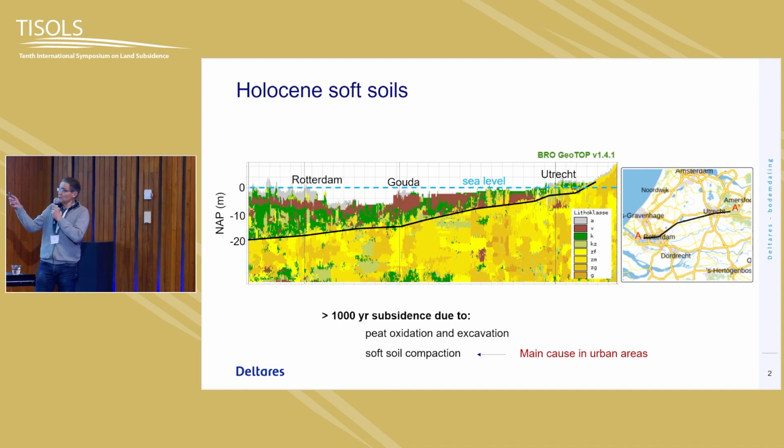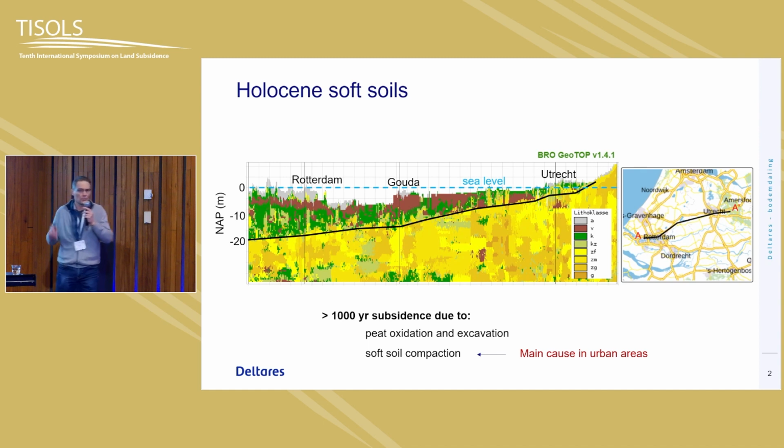You see a cross-sectional profile. The black line is the base of the Holocene. So below it, the yellow colors are mainly Pleistocene sands.